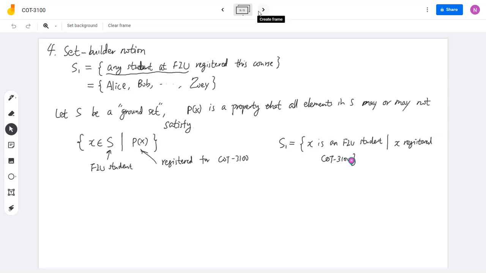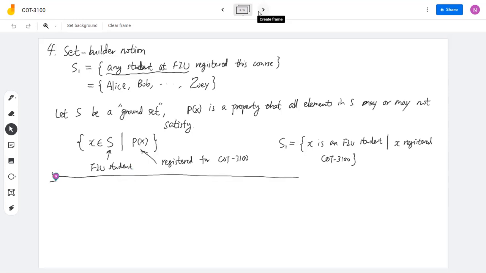This is just another way of defining the set. You're going to see that for many sets, especially infinite sets, set builder notation is much more convenient to work with. Let me give you some examples. Okay, so let's see more examples.